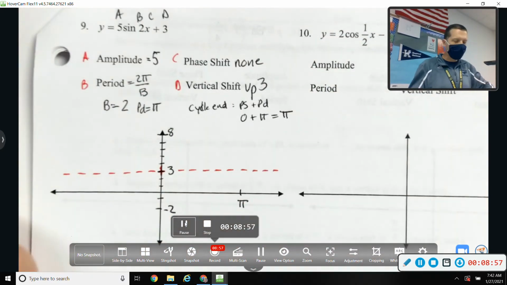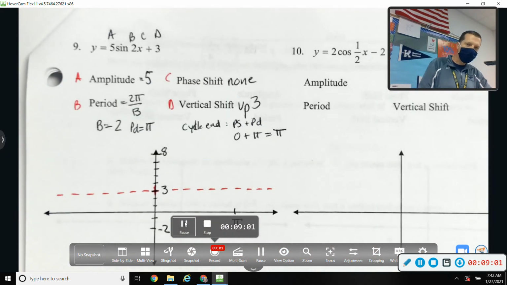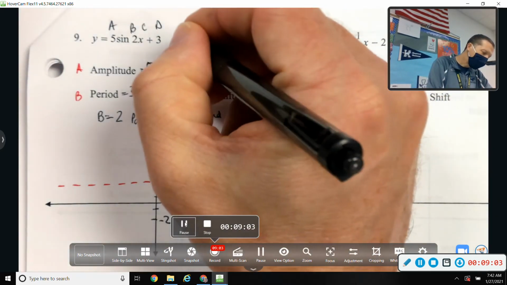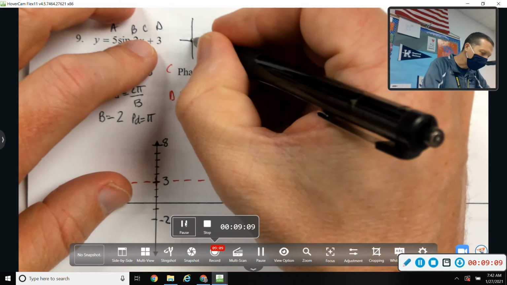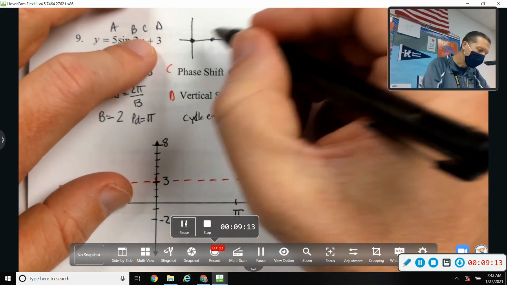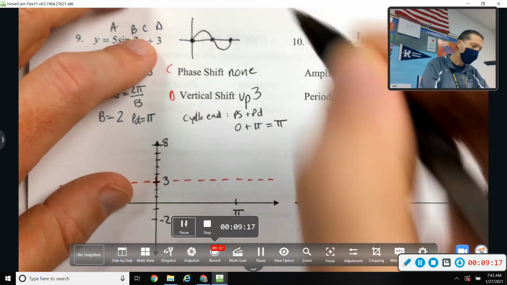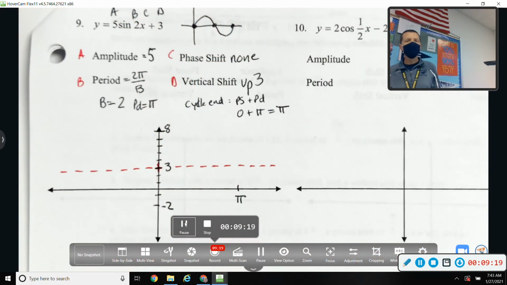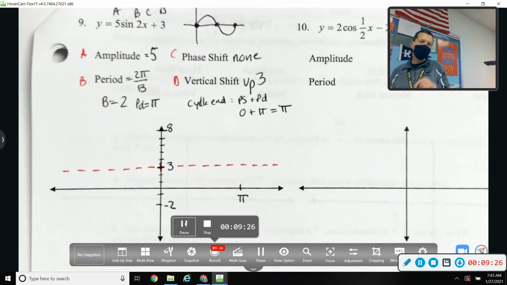Oh, the parent function? Yeah. So the parent function of sine, the big difference is sine starts at 0, cosine starts at 1. If I remember that much, you can probably get the rest of it. So sine is the one that starts at 0, ends at 0, and does that. So I need to fit that into that little box I had earlier.